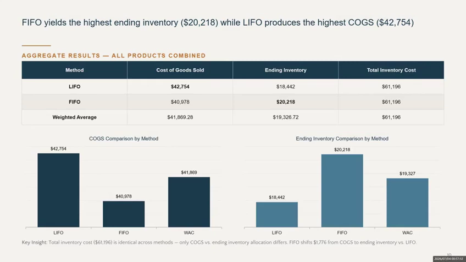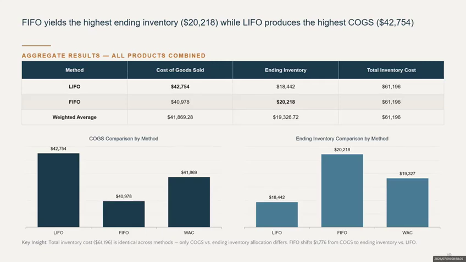LIFO allocates a larger portion of cost to goods sold, resulting in a current period cost of $42,754, the highest among the three methods. And FIFO, on the other hand, retains more cost on the balance sheet, yielding an ending inventory value of $20,218, also exceeding the other two approaches.